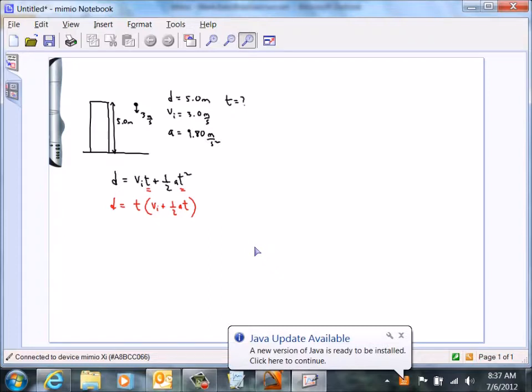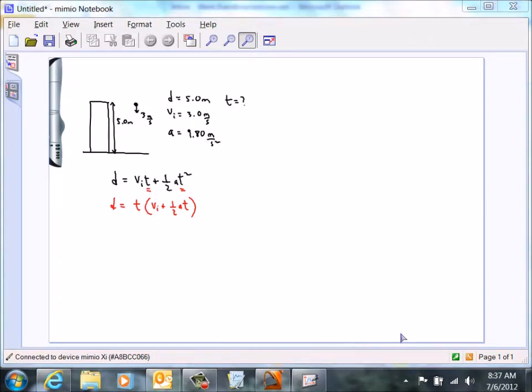All right, well that's nice, but to solve that thing for t, if we divided both sides by everything in the parentheses, we'd have d over v sub I plus 1/2 at, but that's not really solved for t, because I still have the t over here. So I can't go plugging in the numbers and get the value for t. So that wasn't particularly useful.